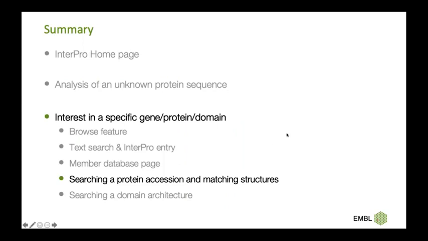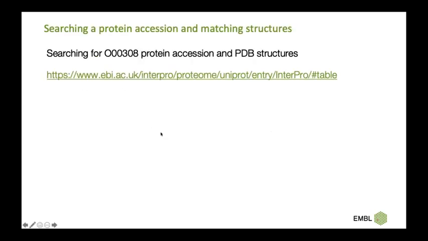Now let's imagine you are interested in a particular protein accession and you want to find some information about the protein, the 3D structures they are matching. In my case, I have chosen to look at the protein accession 00308.